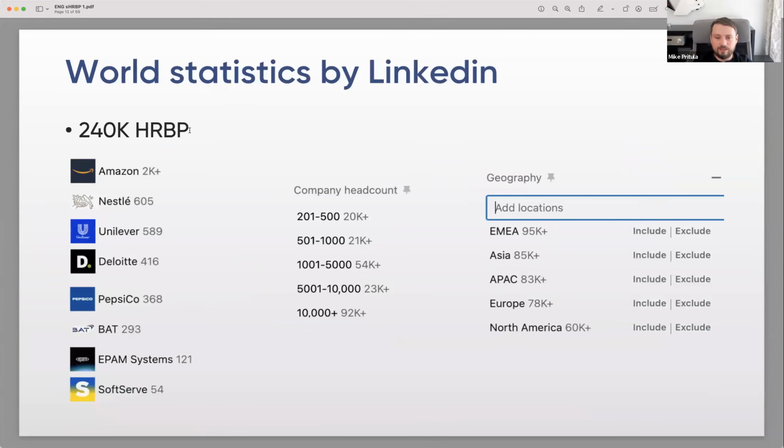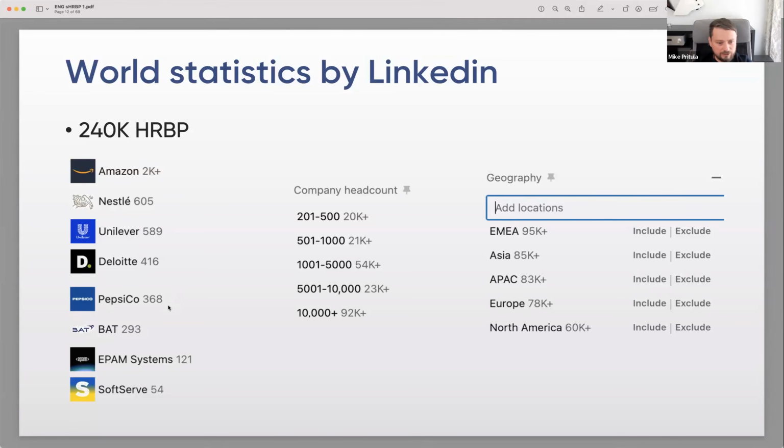How many HR business partners are there in the world? At the moment, if we look into LinkedIn and we apply some LinkedIn search approach and some filters, we will see that it's about 240,000 HR business partners in the world, and the biggest companies that have this role in their departments is Amazon with 2,000 HR business partners, Nestlé 600, Unilever 500, almost 600, right?